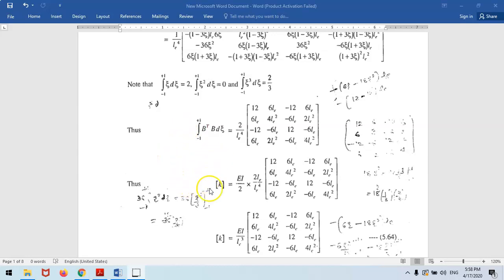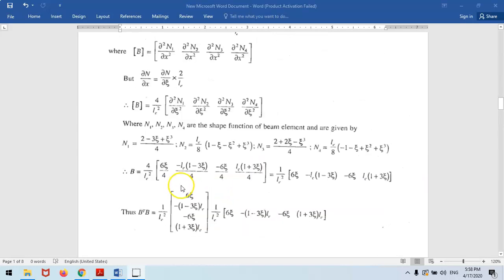And next, the last step here is to find out the stiffness matrix K value. So what is K? K is EI by 2 into integration of B transpose B Le. So that equation is here.